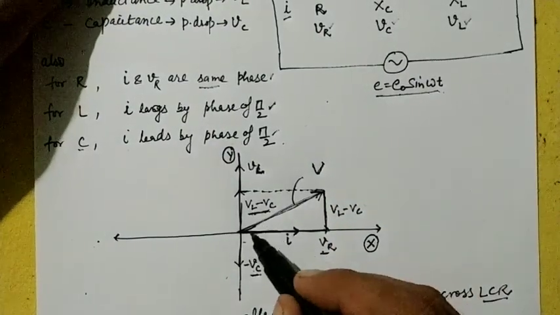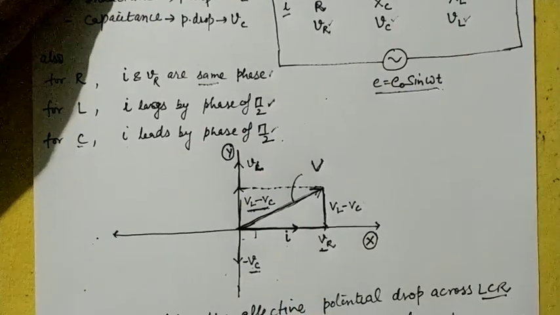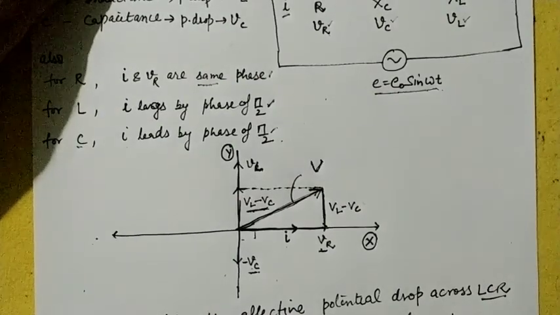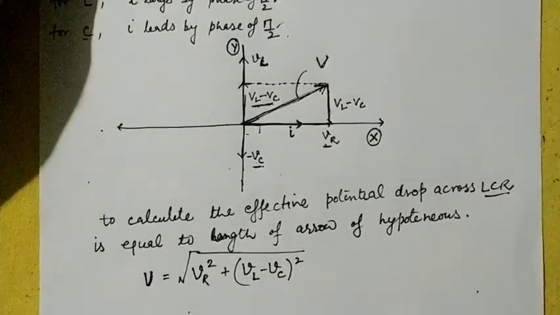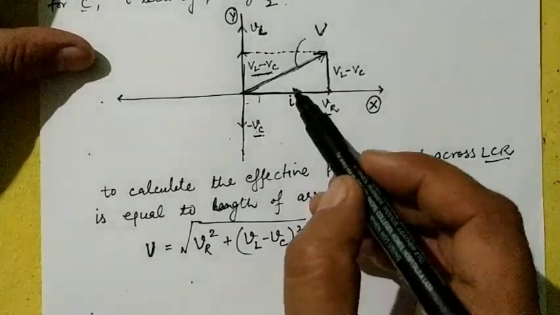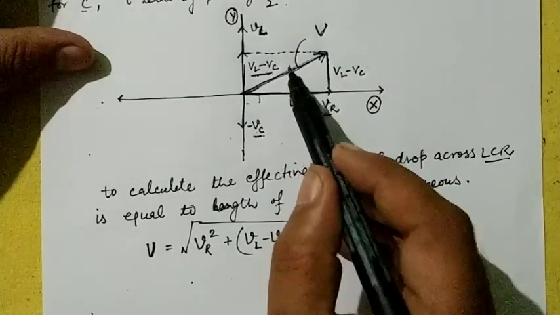If we are able to calculate the hypotenuse, we can find out the effective value of the voltage. So we can say that the effective value of the voltage is nothing but the hypotenuse. So how to calculate the hypotenuse?